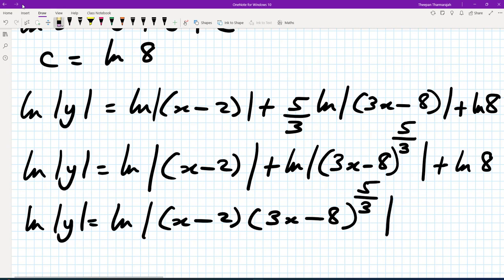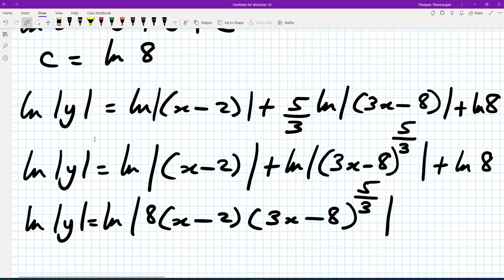And I'm going to put the 8 in front of it, and we've got an ln here. And that's what we get. Now, what we can do is use antilog.